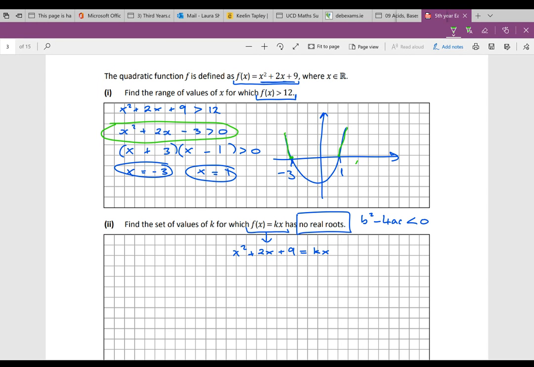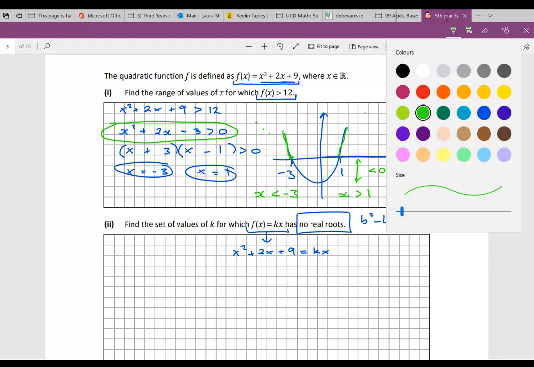Everywhere down here, all of that part of the graph is less than 0, because it's under the 0 line. So going this way, it's all of the numbers x less than minus 3, and it's also all of the numbers greater than 1. So I have x less than minus 3 or x greater than 1.